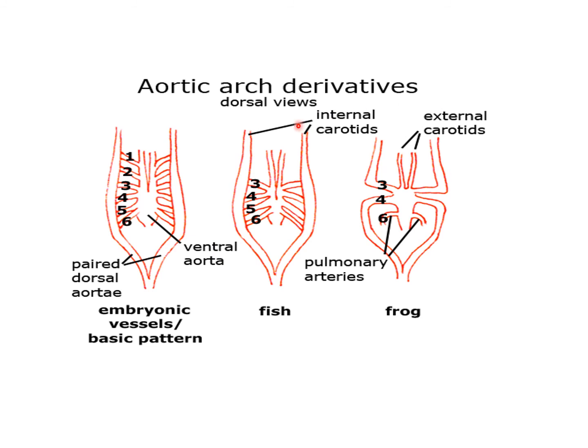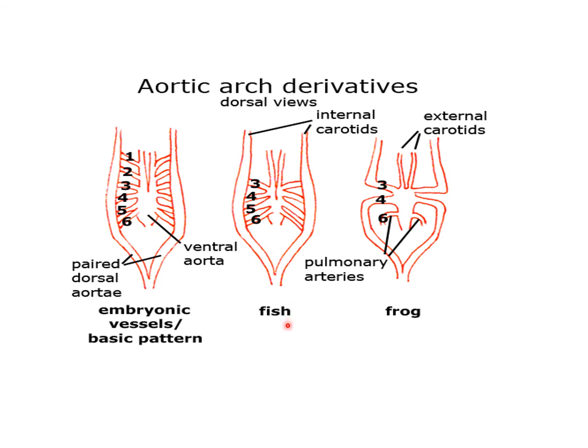Aortic arc derivatives. In the dorsal view you see here, 1, 2, 3, 4, 5, 6 are the paired dorsal aortae. This is the embryonic vessels or basic pattern. This is the ventral aorta.